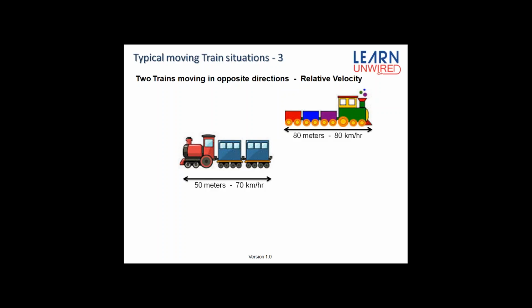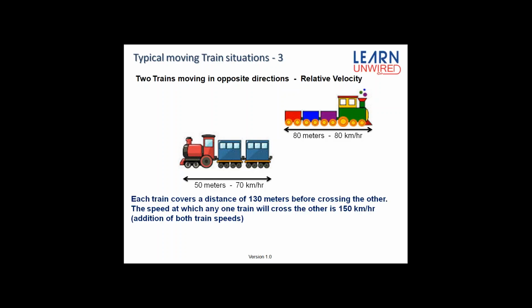So in this case, the speeds get added and the distance traveled by each train is the addition of the lengths of both the trains. Each train covers a distance of 130 meters before crossing the other. 130 meters is the summation of the lengths of both the trains. And the speed at which any one train will cross the other is 150 kilometers per hour.